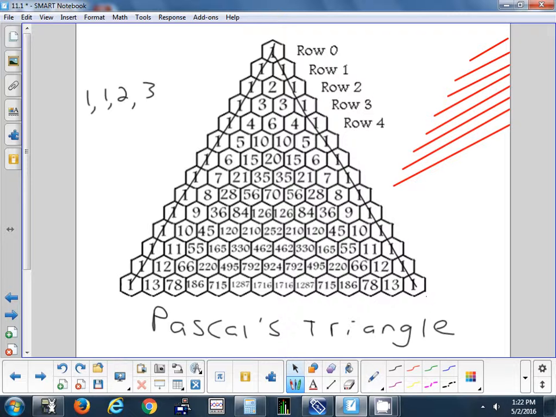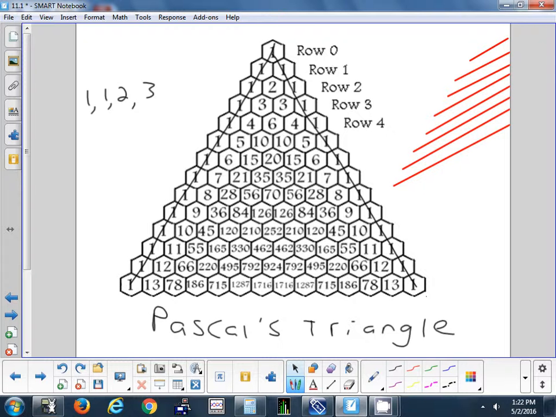How about row 4? They're not multiples of 4, but they are multiples of 2. How about row 5? 5. It happened again, multiples of 5. Are row 6 multiples of 6? No. Multiples of 3, but not even multiples of 3 for all of them. How about row 7? Yeah, 7.